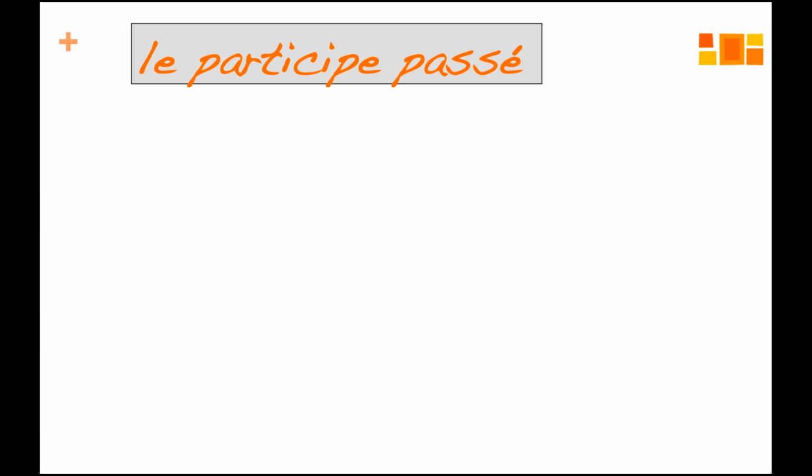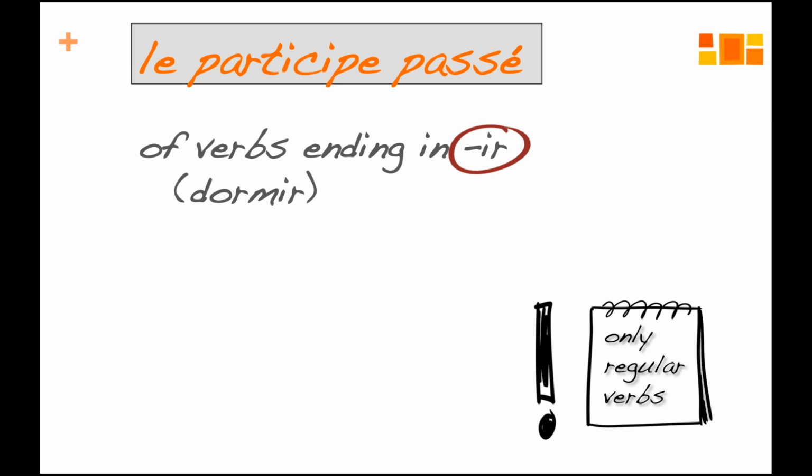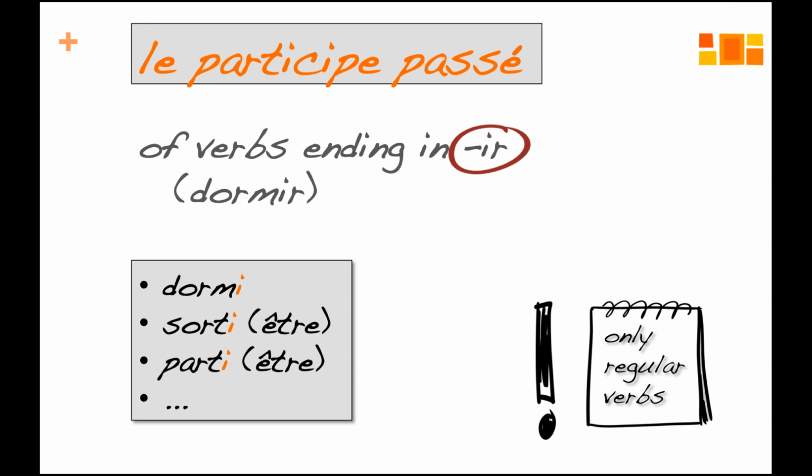And then we have a look at a third group of verbs. That's the ones ending in ir in the infinitive, like dormir, 'to sleep.' And we only have the regular ones. The irregular ones we have in a minute. The most important three are dormir, sortir and partir. Dormir, which is 'to sleep,' sortir and partir, which is 'to go away.'